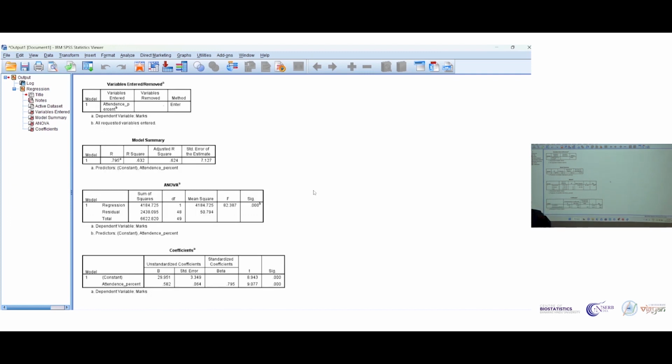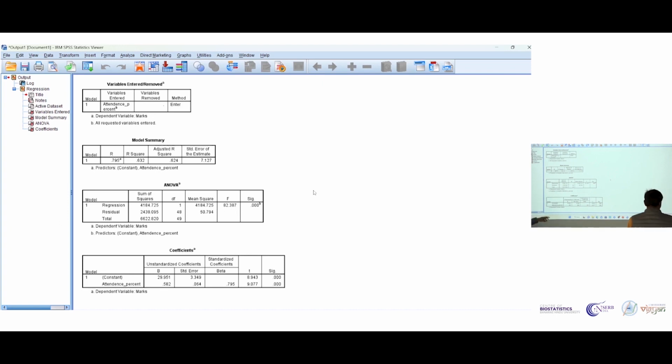What is my regression model? Beta naught plus beta 1 attendance. Now see, coefficient means the values of beta. Now, constant means intercept.